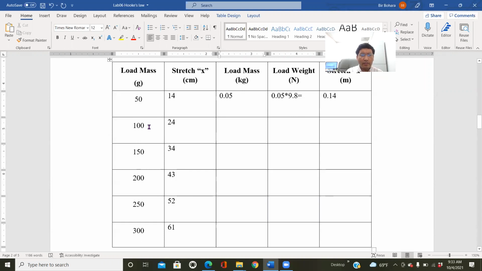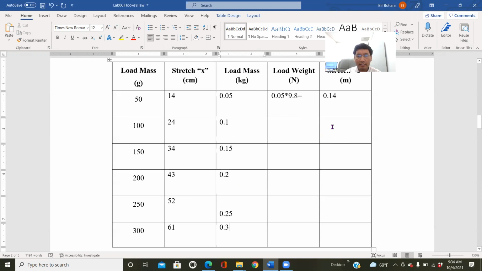If you divide this number by 1000, 2 zeros gone, 0.1, right? Similarly, this is 0.15, this is 0.2, this is 0.25, and this is 0.3. Okay, so these are masses in kilogram.